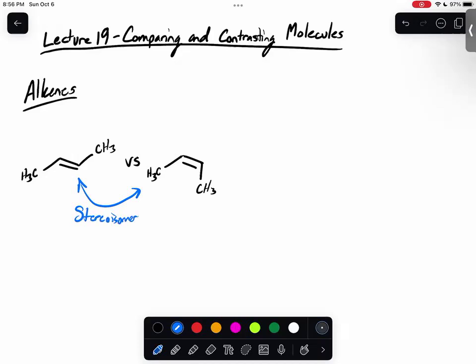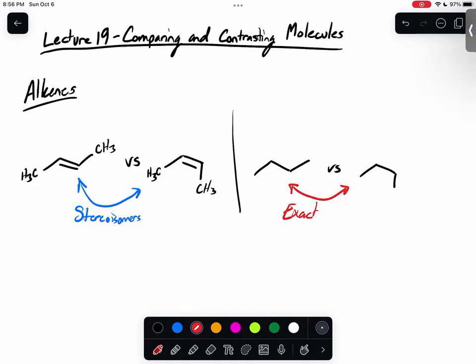Right? Which seems kind of weird because if we were looking at a different example of something just like butane, right? We could draw butane like this, or we could draw butane like this. But in both of these cases, these are indeed the exact same molecule, right?